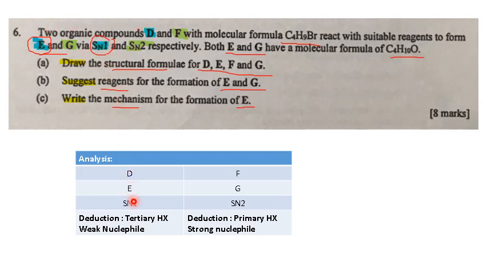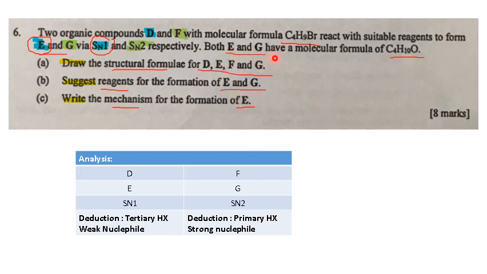From this information we know SN1 is preferred by tertiary haloalkanes and reacts with a weak nucleophile. The nucleophile is identified when we check part B, which suggests the reagent for the formation of E and G. And then F forms G by SN2, in green color. SN2 prefers primary haloalkanes, so it uses a strong nucleophile.